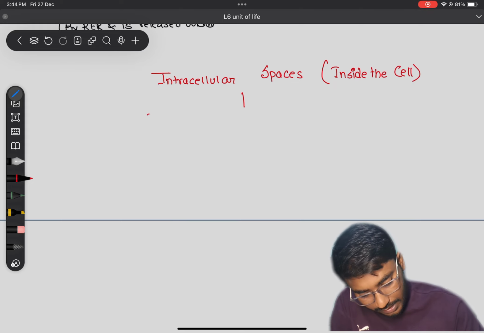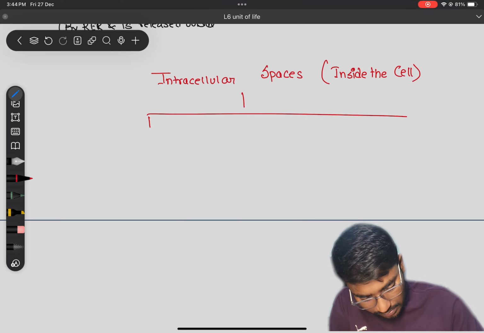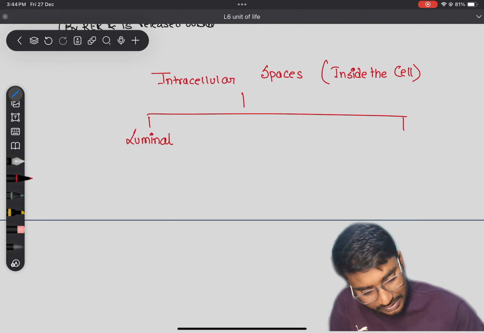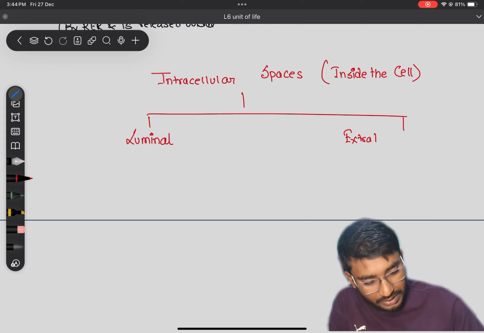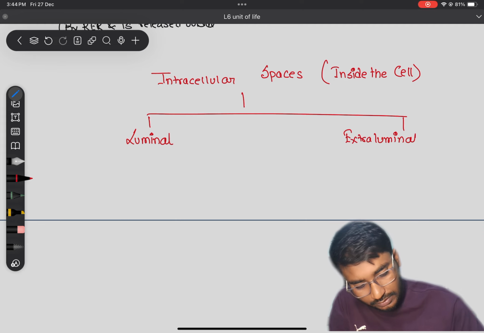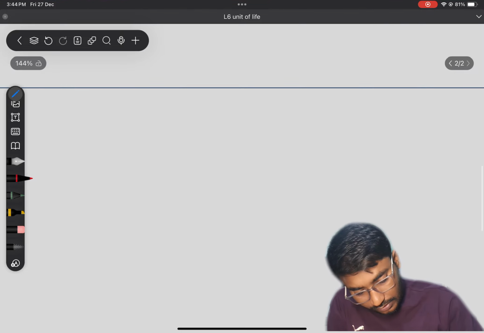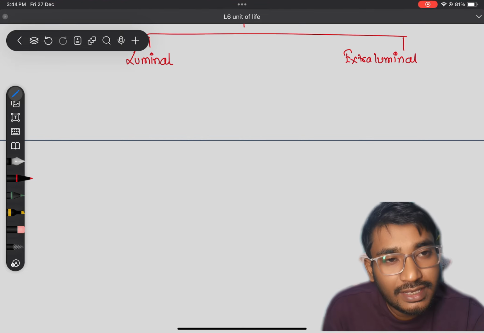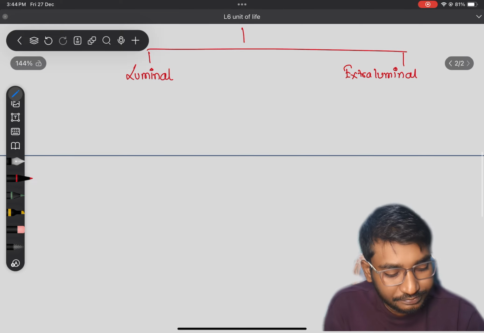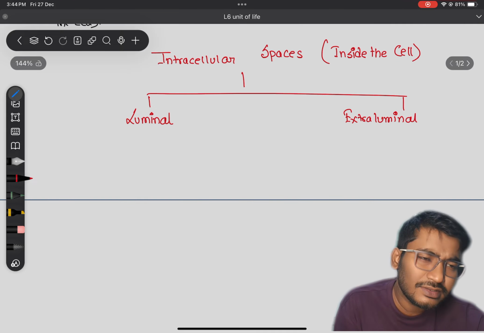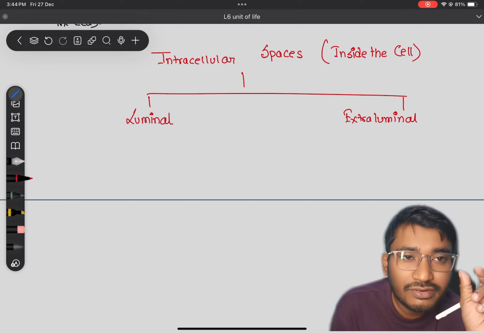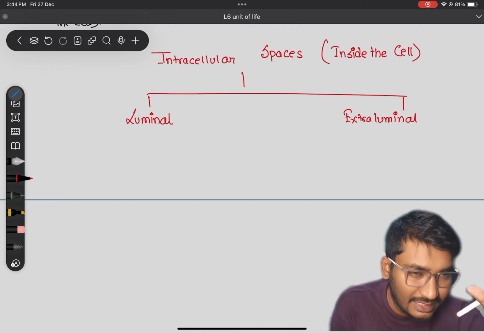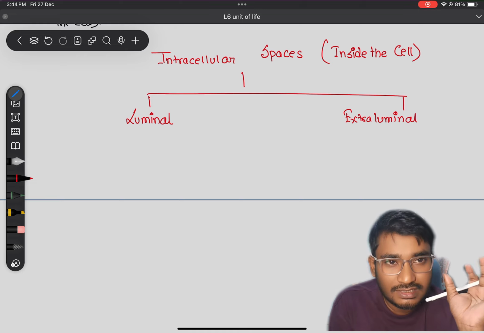They can be luminal and extraluminal. So what does the electron microscope study show? When we study the intracellular spaces through the electron microscope, we can differentiate them into two categories. There are some luminal spaces and there are some extraluminal spaces.